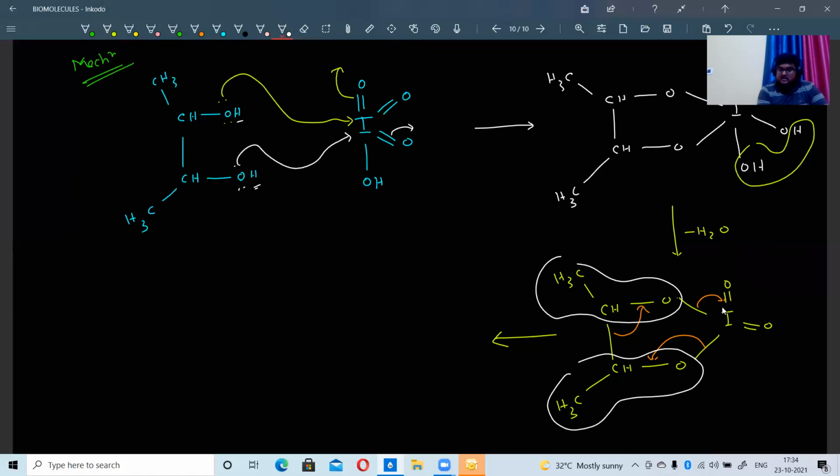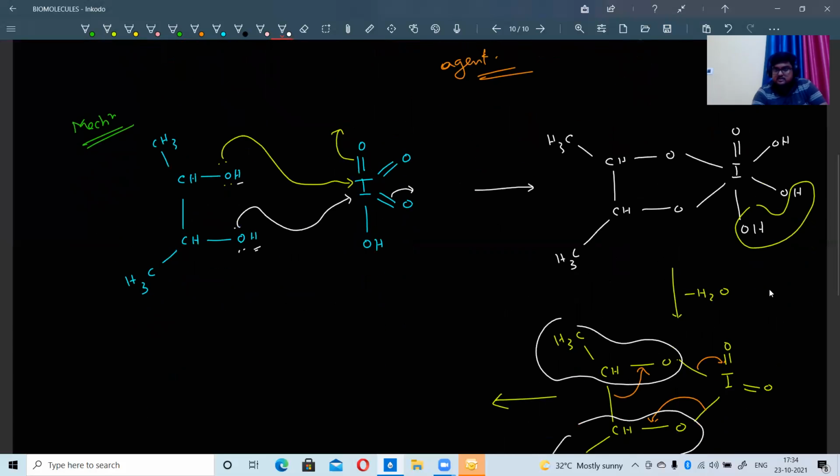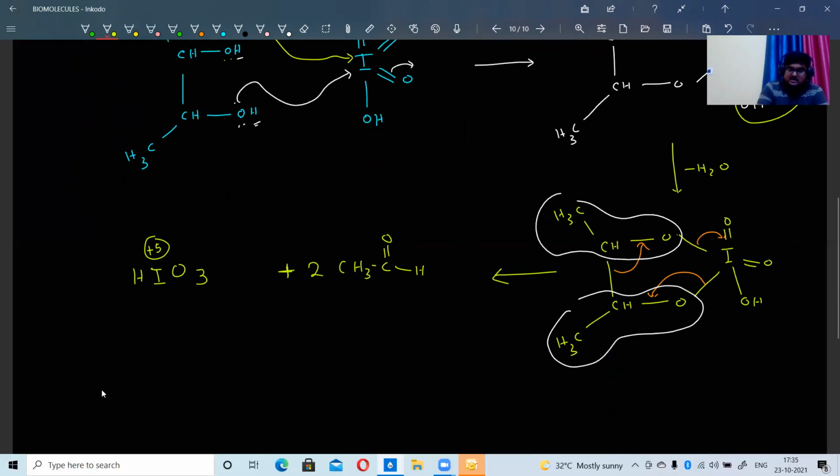Another OH is present, I think. Just a minute. Sorry, here another OH group is present. I forgot to write this one. So what you get after this reaction is CH3CHO plus HIO3. And this HIO3, where iodine exists in the +5 oxidation state, is called iodic acid.